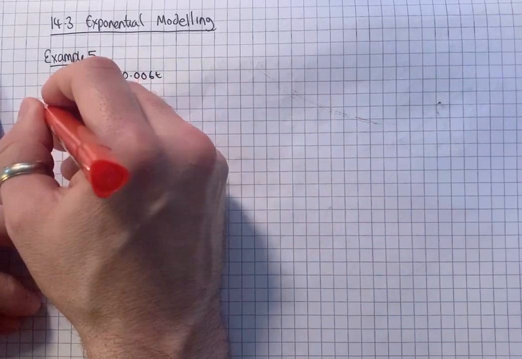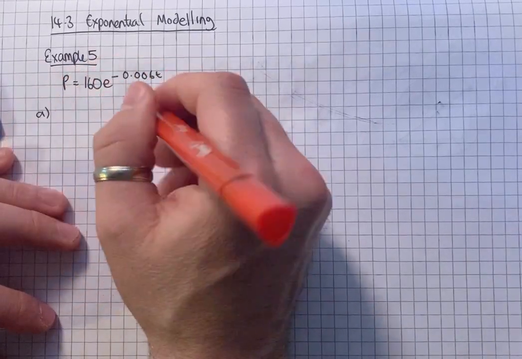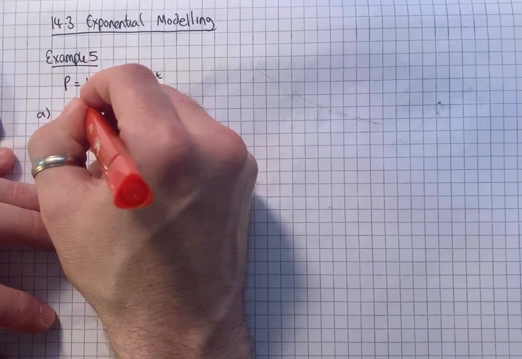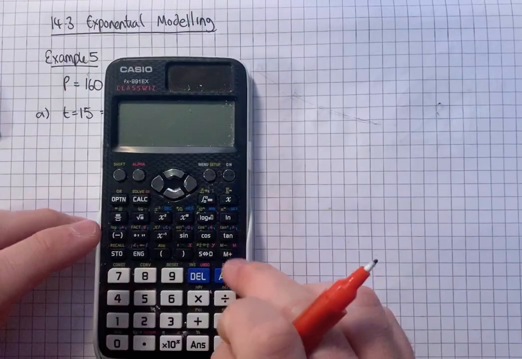So it says, firstly, use the model to estimate the density of the pesticide after 15 days, so t equals 15. So all we need to do is just substitute that. Should we use the calculator?